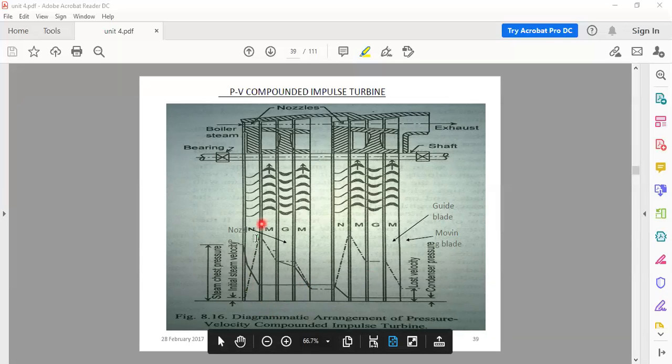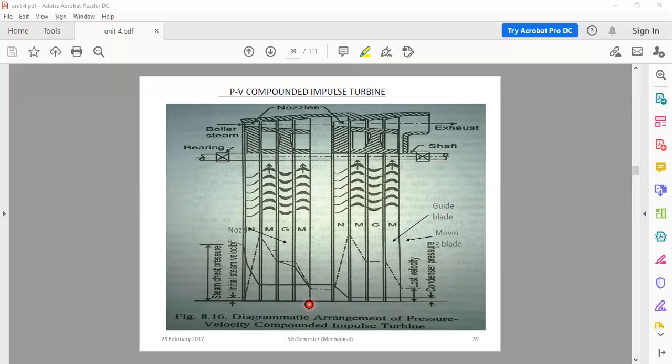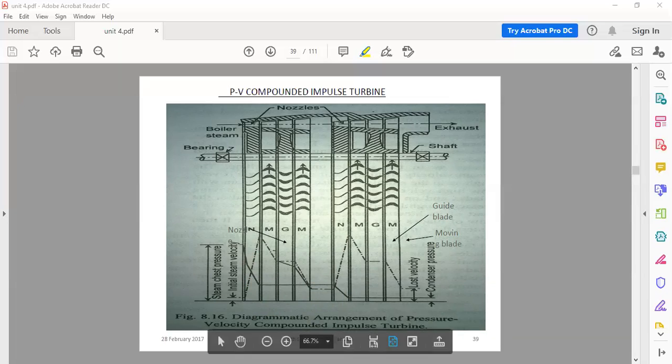Here in this nozzle, velocity increases, pressure drops. Also here, velocity increases and pressure once again drops, means we control pressure and velocity both here. This is the diagrammatic arrangement of pressure velocity compounded impulse turbine.